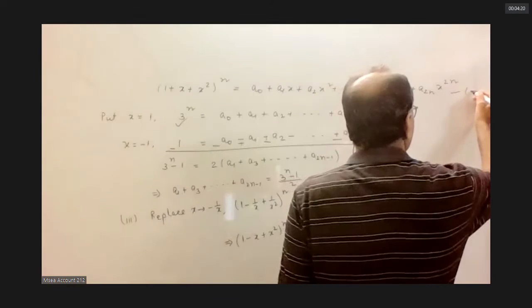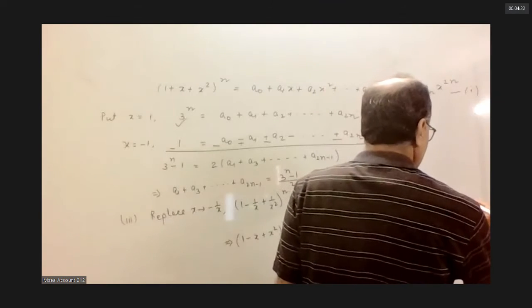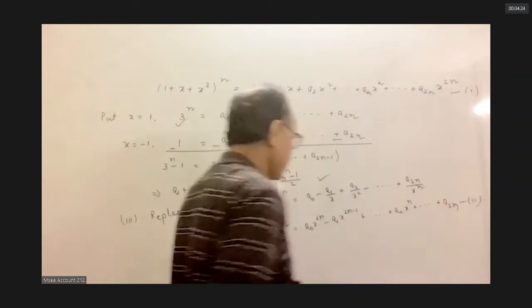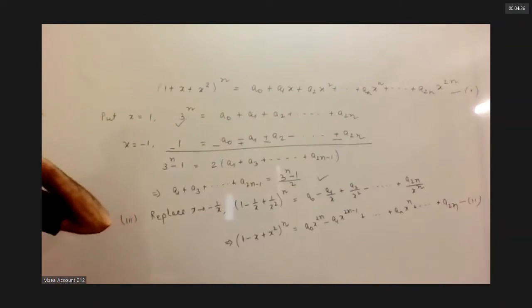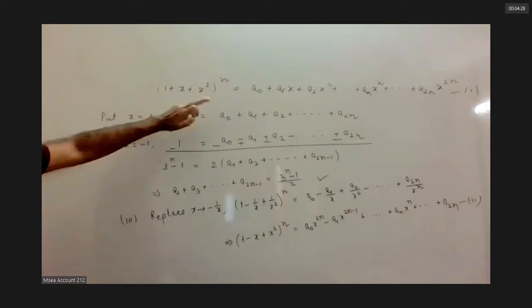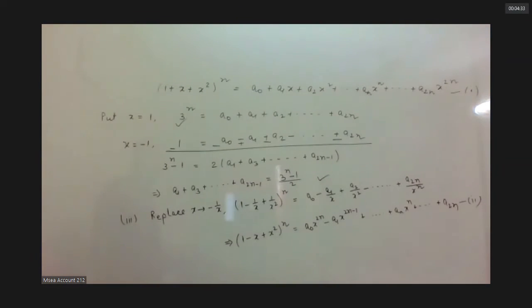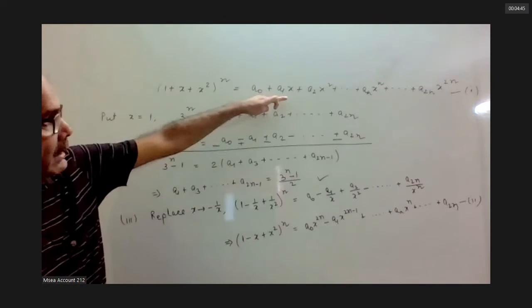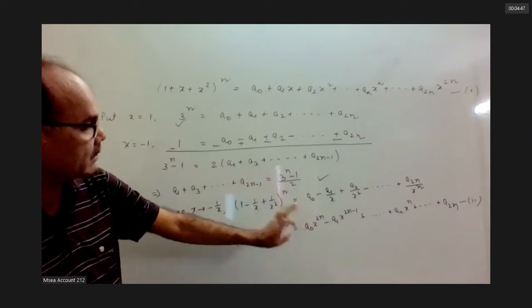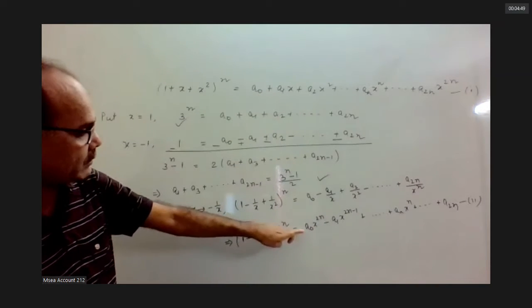This is first, second. Now multiplying 1 and 2. See, if you multiply the first series and second series, what is the coefficient of x to the power 2n?